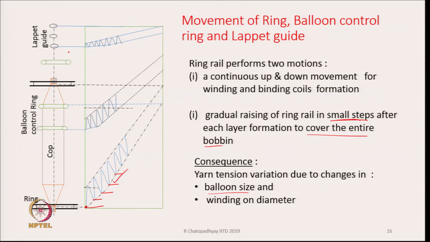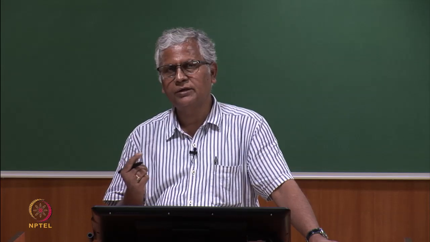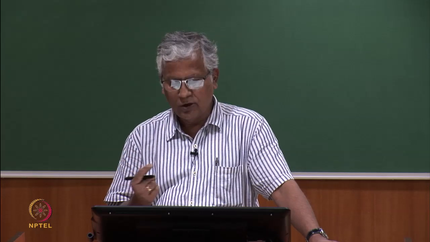Besides, the tension varies because the winding-on diameter keeps on changing, because for each layer formation I am winding on a very large diameter, which we call the shoulder part of the bobbin, and we are also winding on the bare bobbin surface, which we call the nose part of the chase. So, there is a continuous change in the winding-on diameter. Because of that also tension will change.